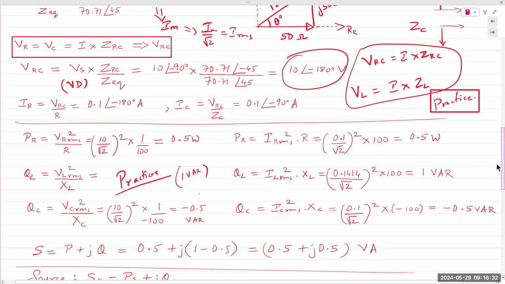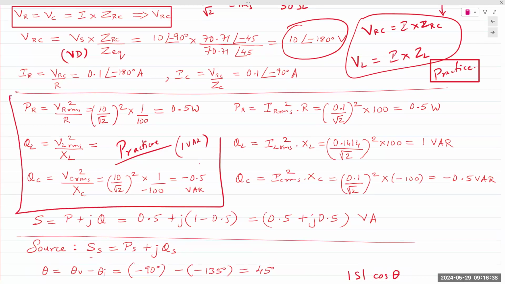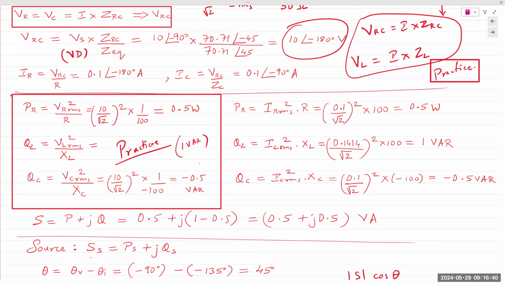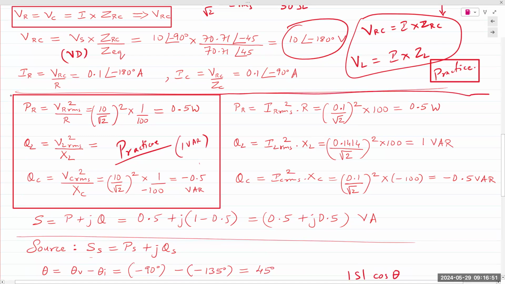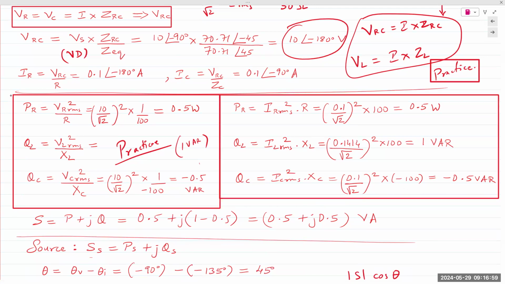And so here you can see on the left, I have used voltages, and on the right, I have used current.